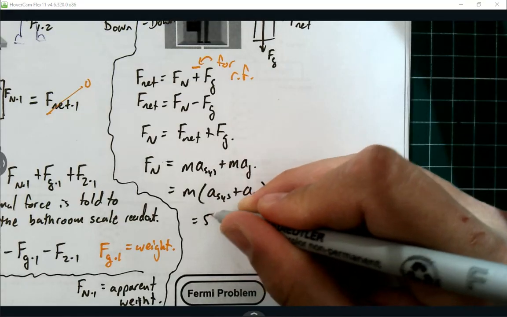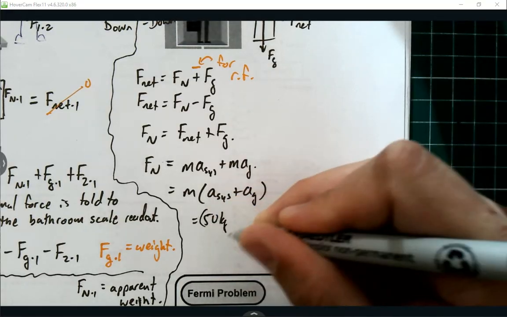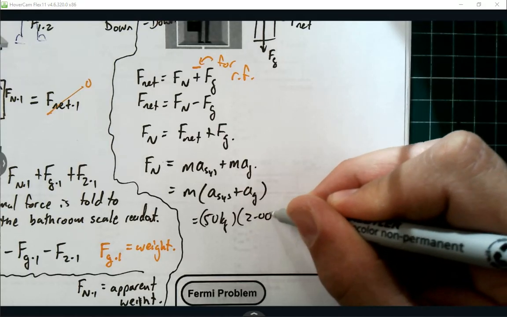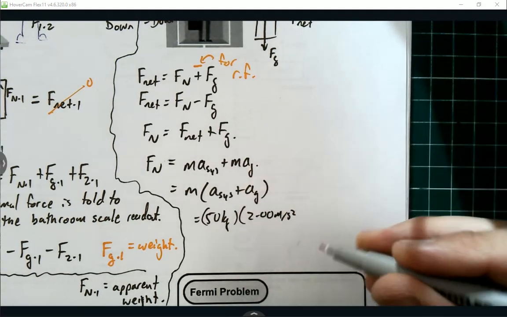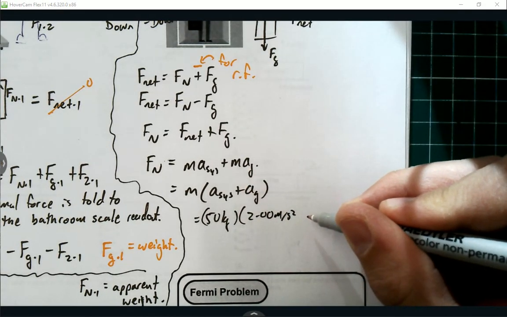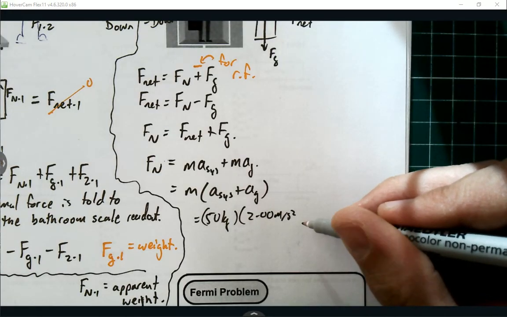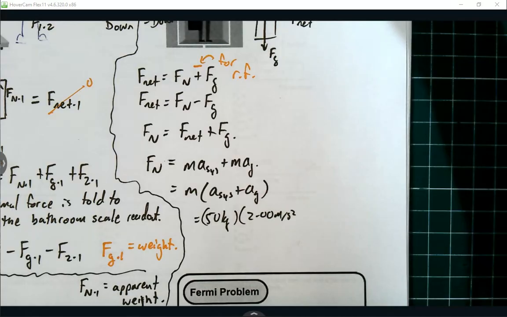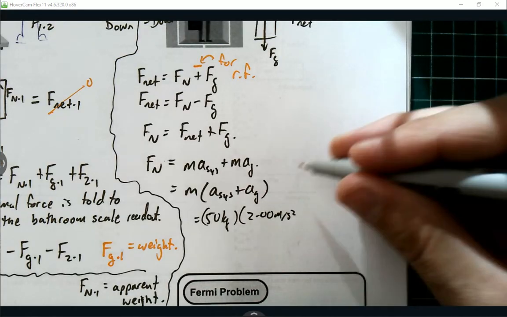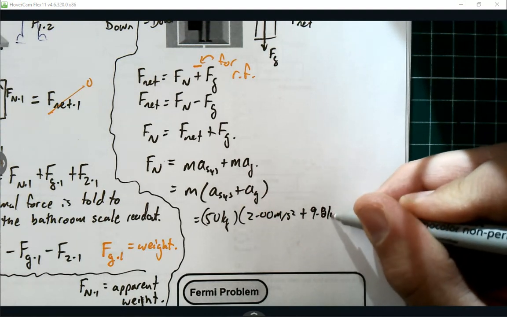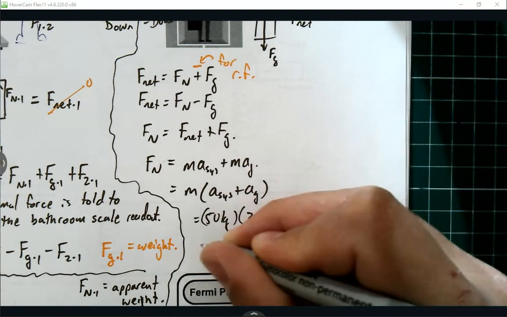It's 50 kilograms times the acceleration of the system, 2.00 meters per second squared. I have to be careful right now. When I add on the gravity, should it be negative or positive based on what I've done beforehand? Positive, right? Because I've already dealt with the negative sign back in the formula. So plus 9.81 meters per second squared.